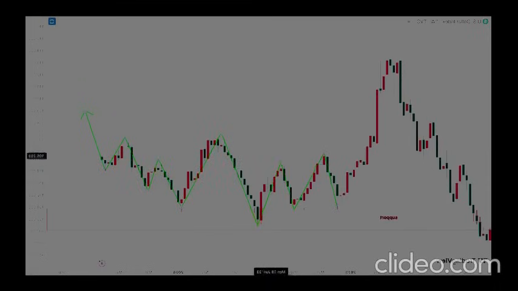It managed to break this previous low high.